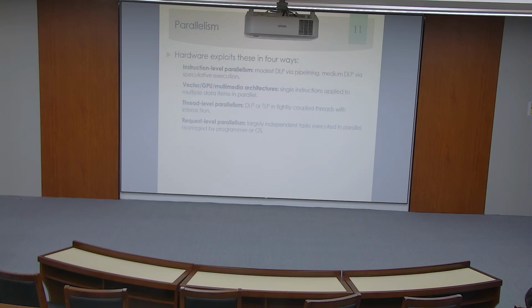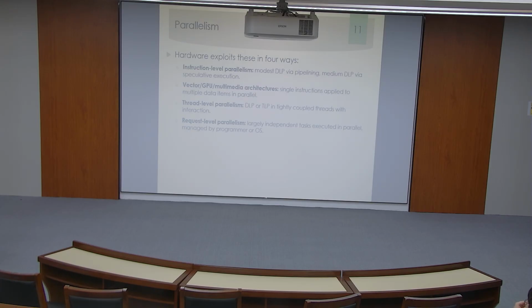When it comes to hardware exploitation, we have four ways. We have instruction level parallelism, and we have also multimedia architecture, which means a single instruction is applied to multiple data items in parallel. We have thread level parallelism, which includes data level parallelism or task level parallelism with different interactions.